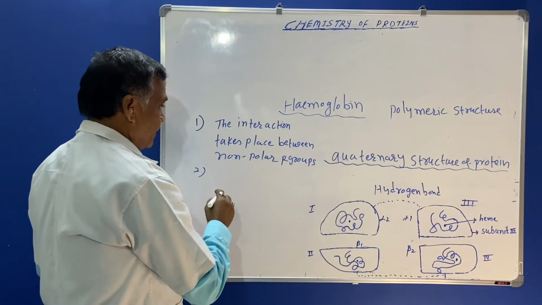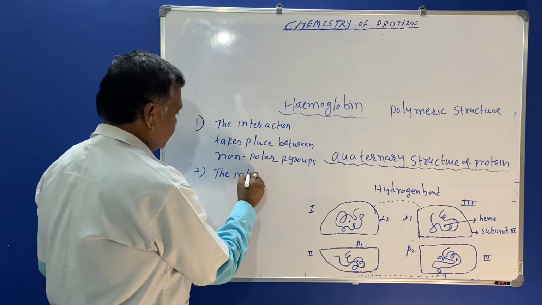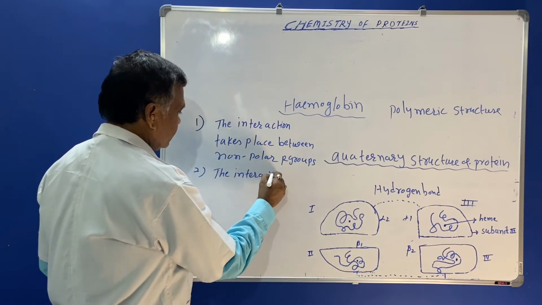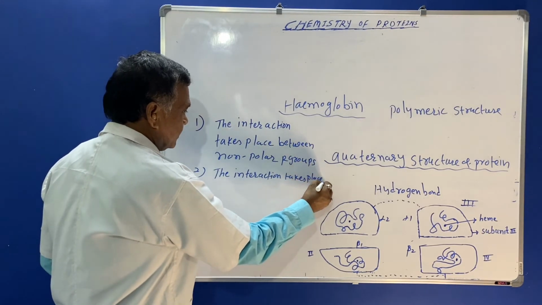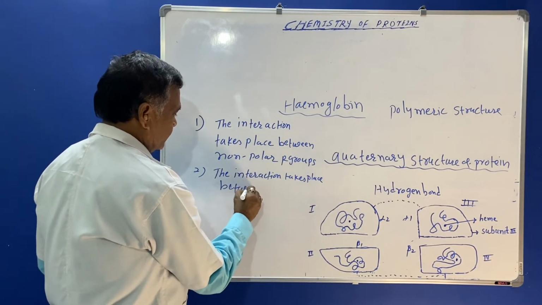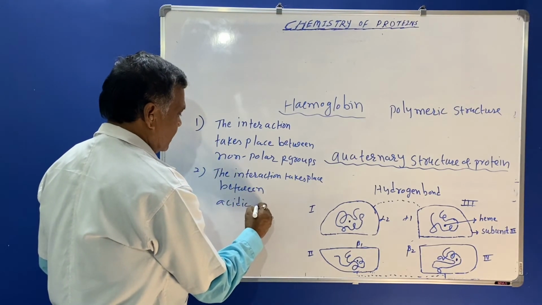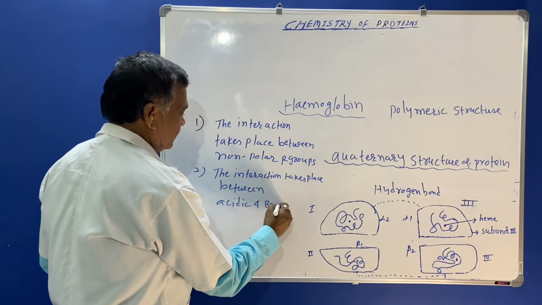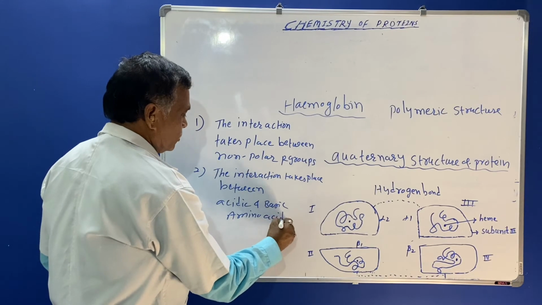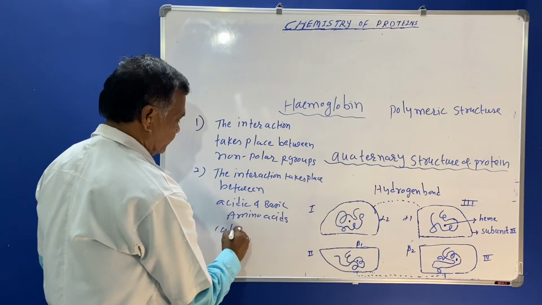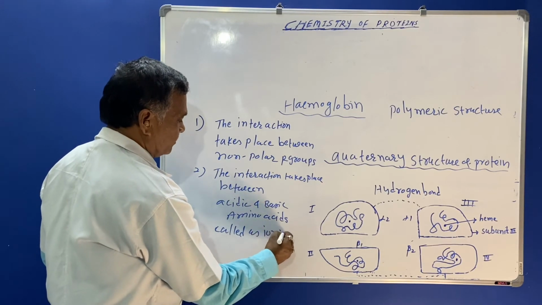Second, the interaction takes place between acidic and basic amino acids, called ionic bond.